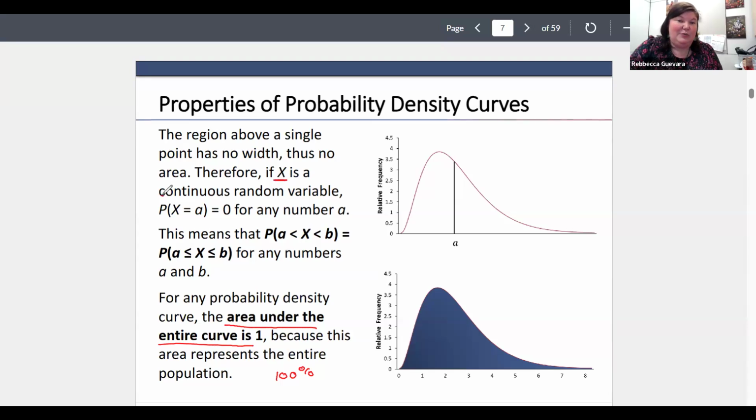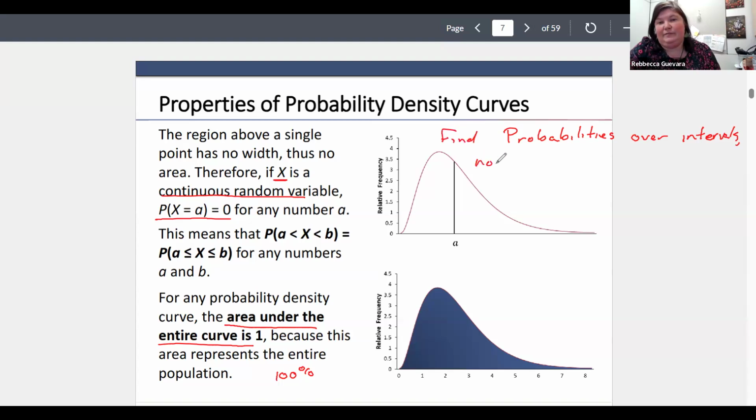If X is a continuous random variable, the probability of a single value is just going to be 0. So we find probabilities of intervals, not single values.